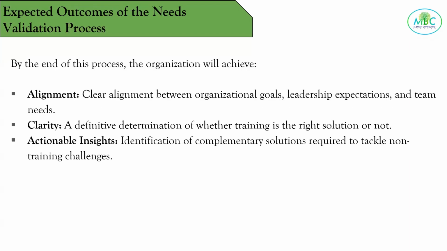What are the expected outcomes of the needs validation process? By the end of the process, the organization should achieve, first, alignment: clear alignment between organizational goals, leadership expectations, and team needs. Secondly, clarity: they should be able to determine whether training is the right solution or not.